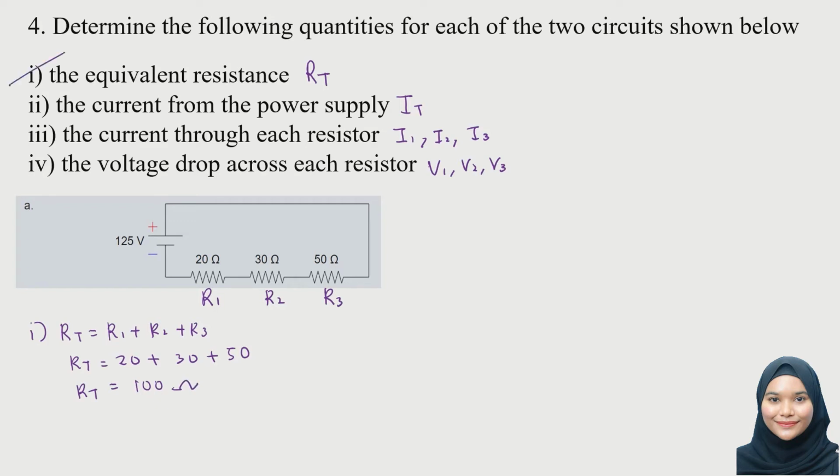Okay, the current from the power supply. It asks for the current from the power supply, which means total current. So we can use Ohm's law: total voltage equals total current times total resistance. Our total voltage is 125 volt, our total current we are going to look for, and our total resistance is 100 ohm.